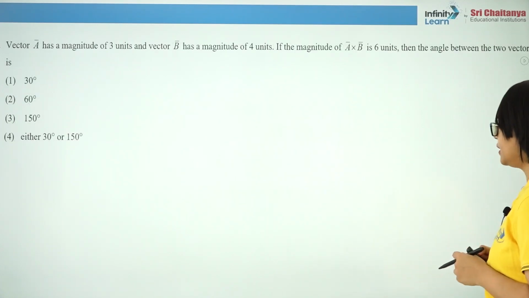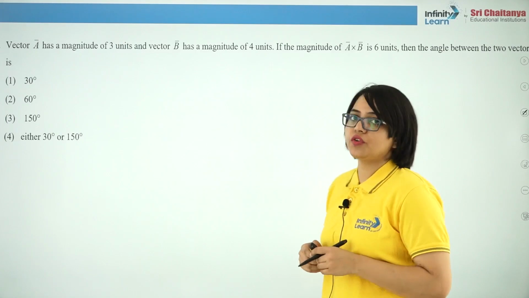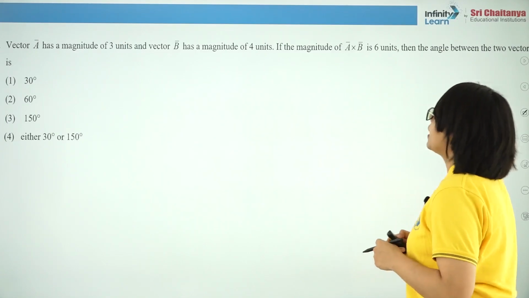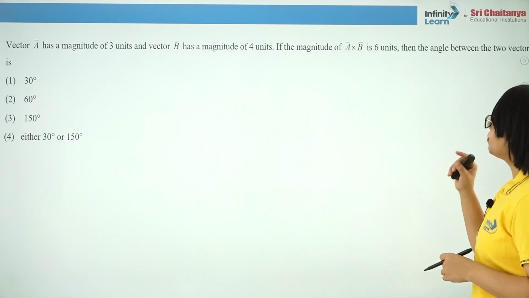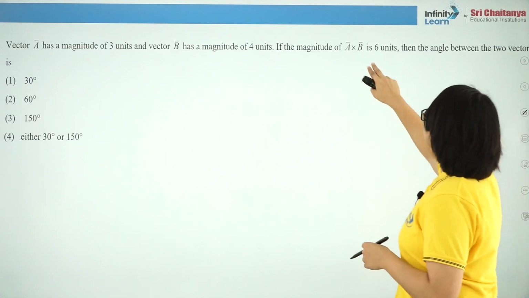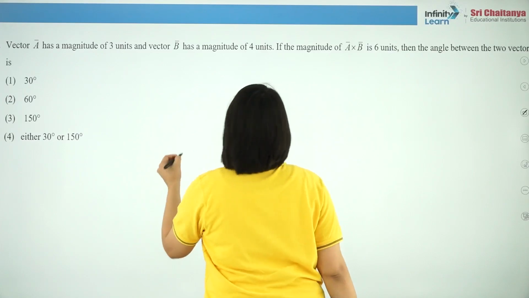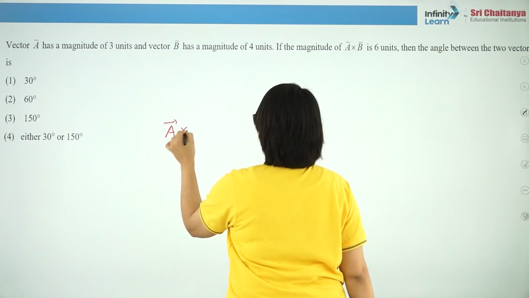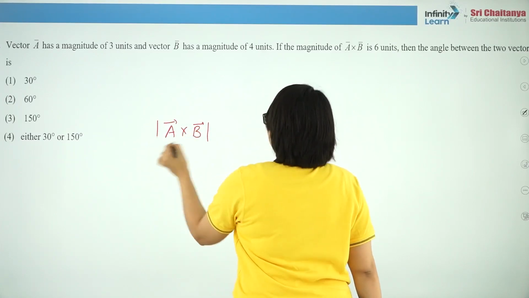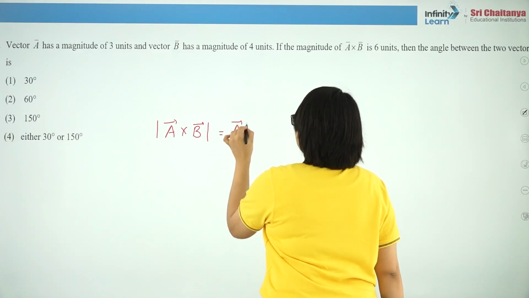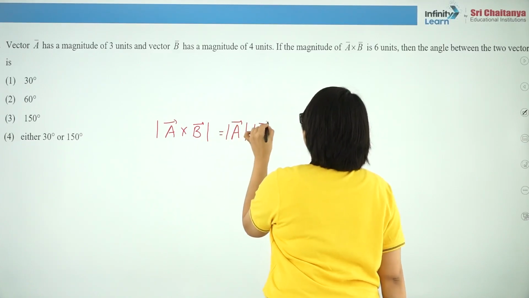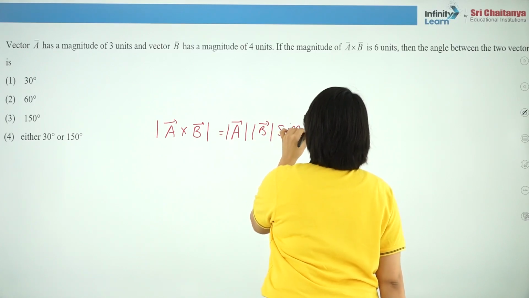Next is 119. Vector A has a magnitude of 3 units and vector B has a magnitude of 4 units. If the magnitude of A cross B is 6 units, then the angle between two vectors is? A cross B has a magnitude equal to magnitude of A into magnitude of B into sin theta, right.